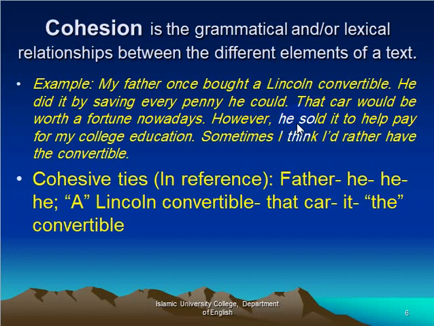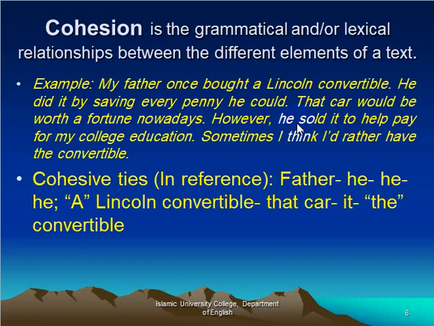Now, take this example and see what are called cohesive ties in this text. My father once bought a Lincoln convertible. He did it by saving every penny he could. That car would be worth a fortune nowadays. However, he sold it to help pay for my college education. Sometimes I think I'd rather have the convertible.